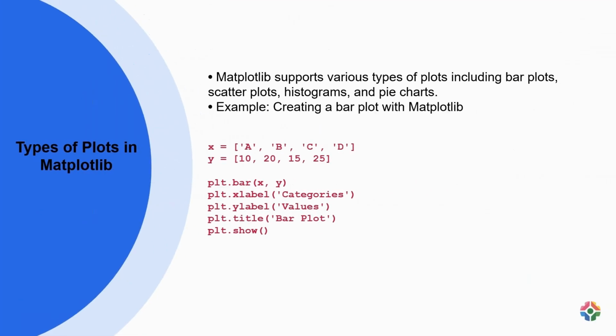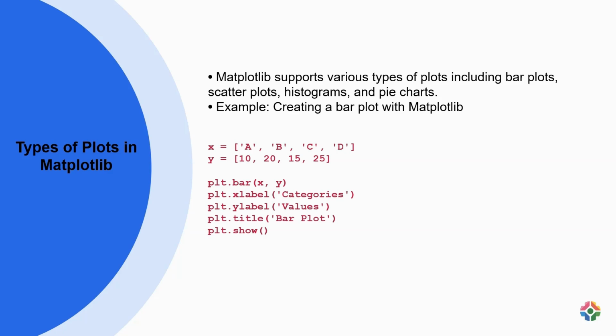Matplotlib offers diverse plot types like bar plots, scatter plots, histograms, and pie charts. It enables the creation of visually appealing data representations. For instance, a bar plot in Matplotlib can be generated by defining categorical values for x and their corresponding numerical values for y, then utilizing plt.bar to create the plot.